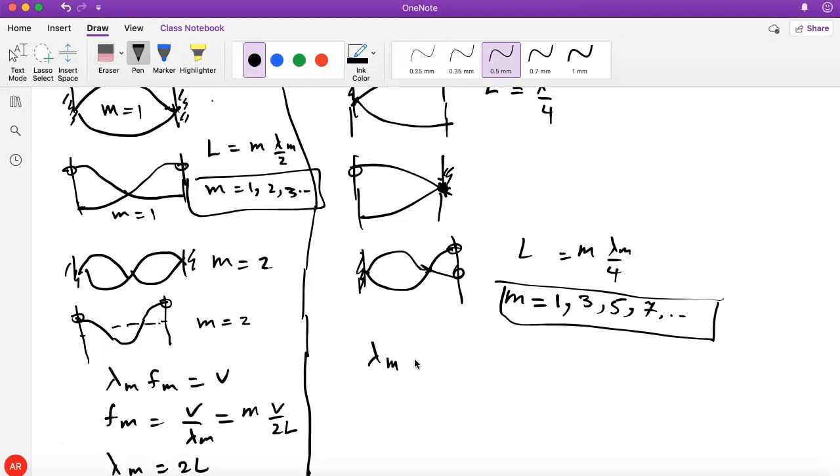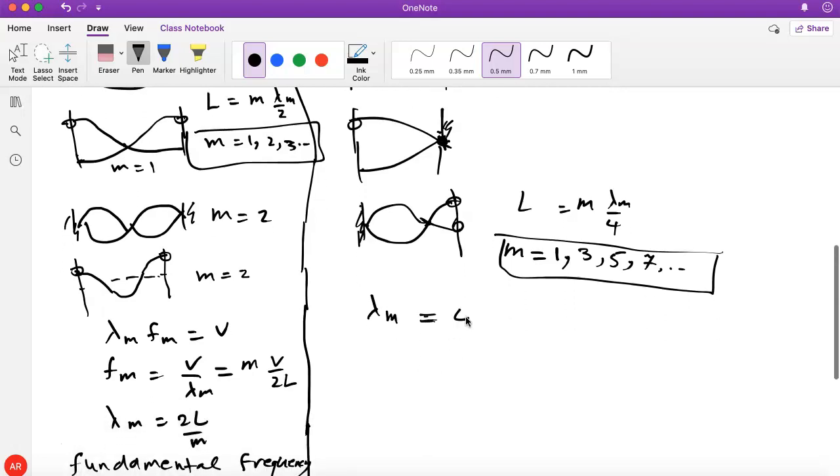So lambda_m becomes 4L over m. And the frequency becomes, again, v over lambda, so it's m v over 4L, where m is, again, 1, 3, 5, etc.